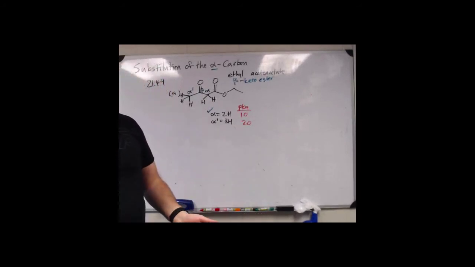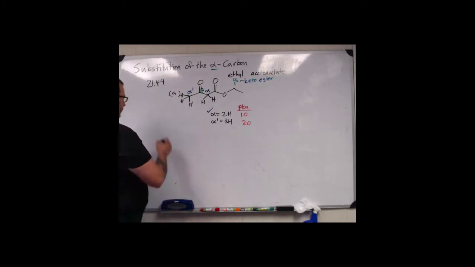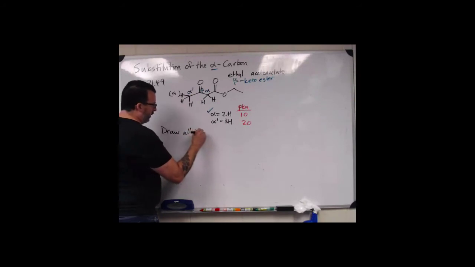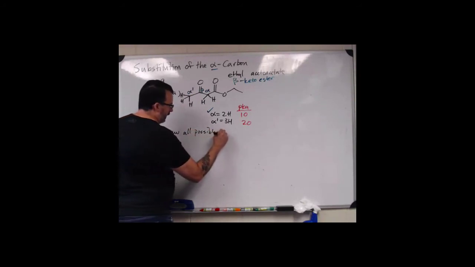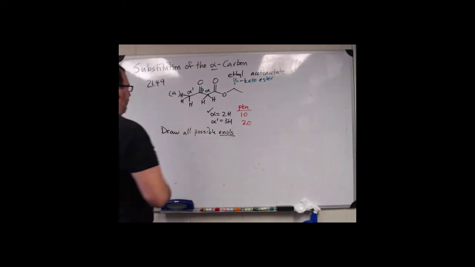But let's specifically draw all possible enols. So we'll look at the enols, the neutral ones. And once you have them, write a number in the chat function, and then we'll draw them up on the board.